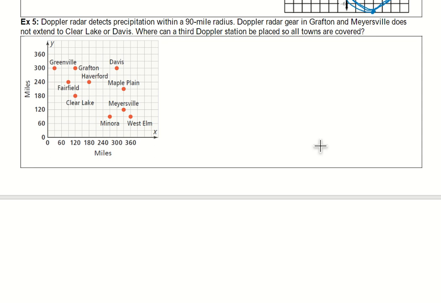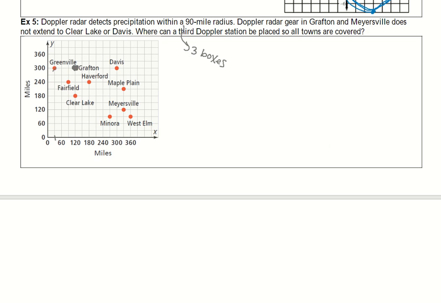So I know that your copy doesn't look great in terms of these values. So if you can see mine, I have obvious tick mark lines. So this is going by 30 miles. So one box represents 30 miles. So if there's a Doppler in Grafton, it's going to go 90 miles, which would be 3 boxes in either direction.